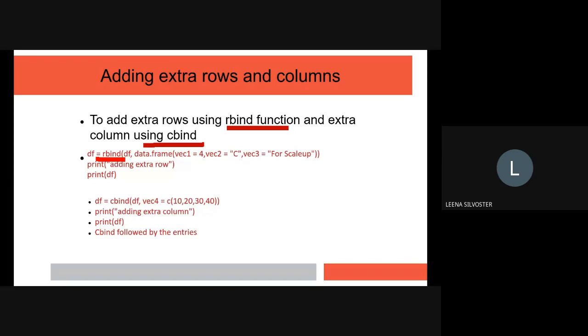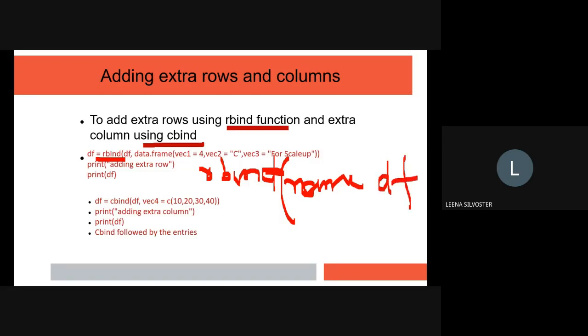The syntax of rbind is: first, you specify the name of the data frame, and comma, data.frame, followed by data, to create a new data frame. Here we have three vectors.